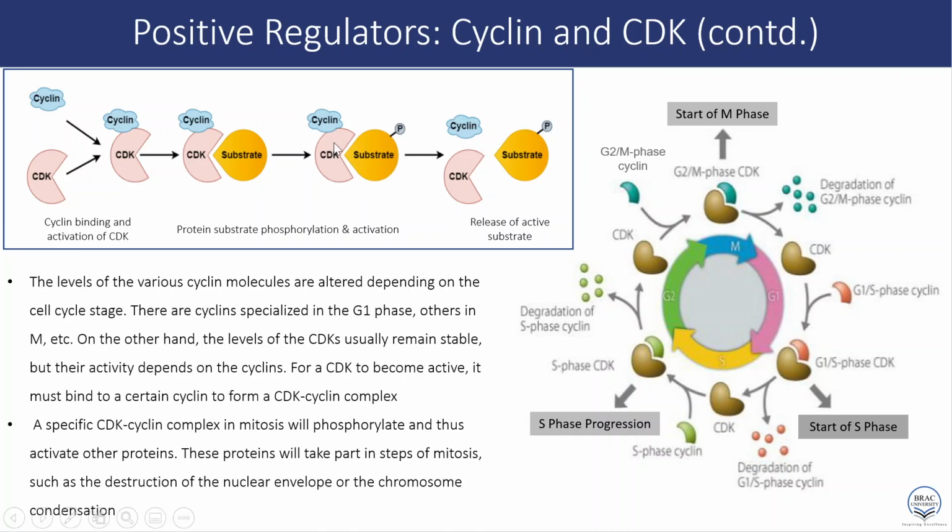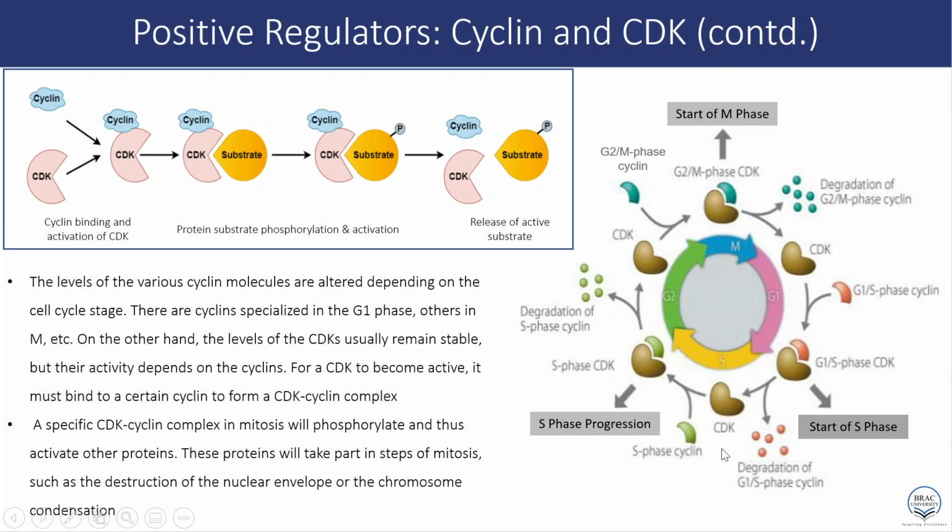In this figure you see that the substrate is phosphorylated. When it is phosphorylated, this substrate is activated, and then this protein will further catalyze another reaction. This protein will catalyze another protein, and when the cyclin is detached, the cyclin and CDK become inactivated again. But when they are together, they phosphorylate or activate other substrates.